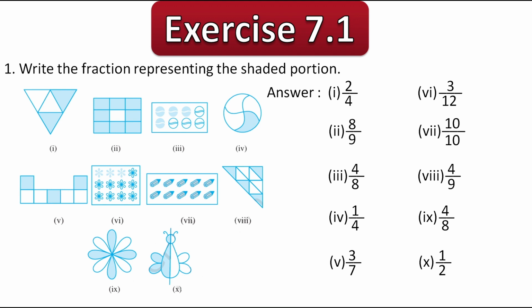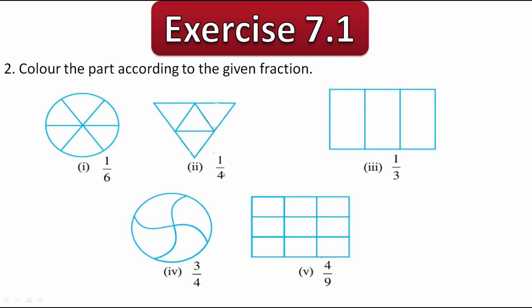Okay, now let's move to the second question. Color the part according to the given fraction. Okay, so now here they have given the fraction as 1 upon 6. Means one part should be shaded, but let's check whether there are 6 parts. 1 2 3 4 5 6. Yes, so we have to shade one part here.